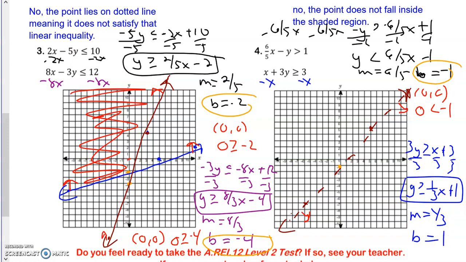So I'm going to start again on the 1. And this time it's going to be a negative because it's a negative x. So this should be a negative and negative. So I'm going to go down 1 and to my right 3.